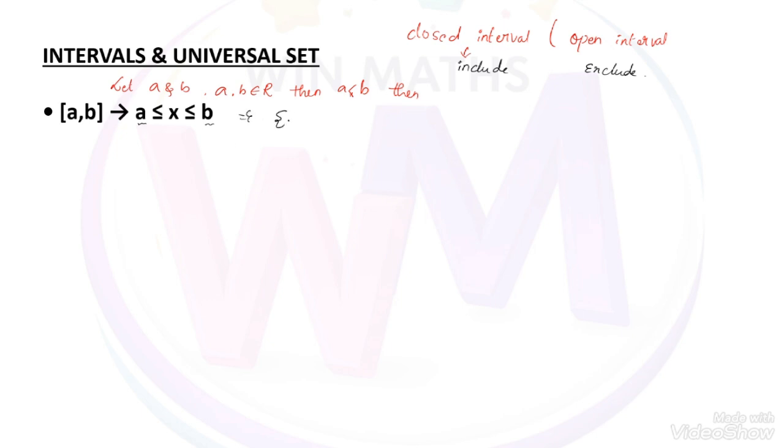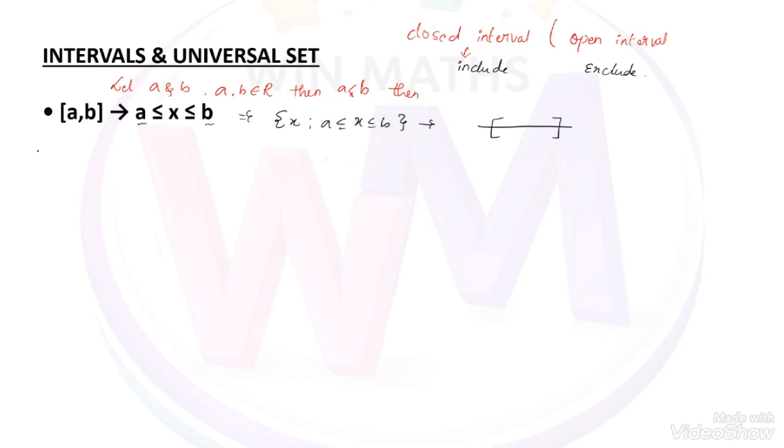This is the set representation: X is an element such that A is less than or equal to X less than or equal to B. So the element X which lies between A and B, with both endpoints included, is represented as a line. The endpoints will be included, so for the closed interval we have to write the closed bracket.